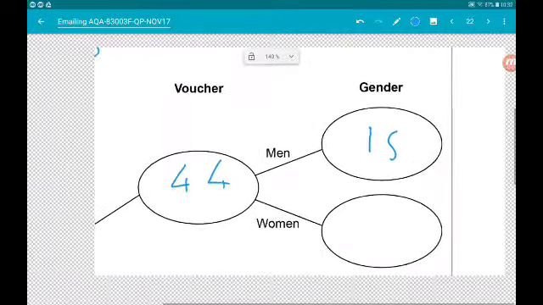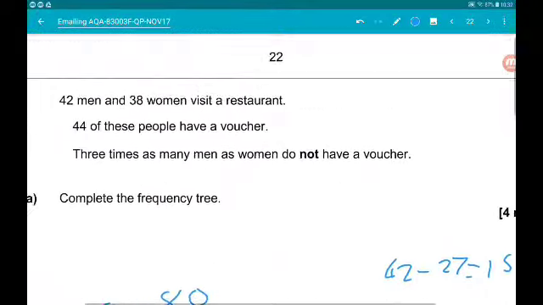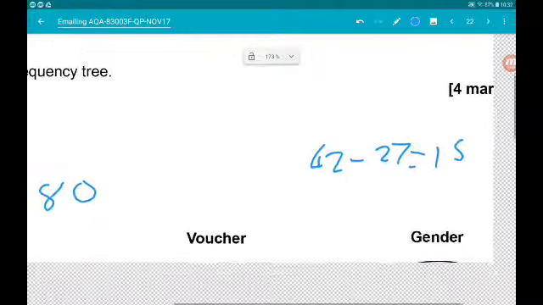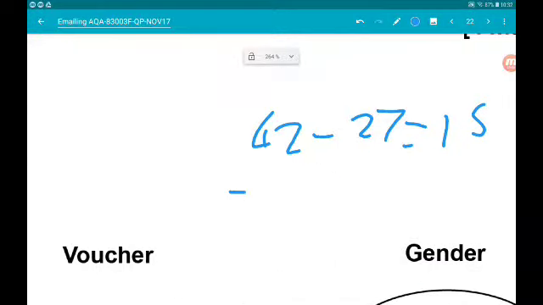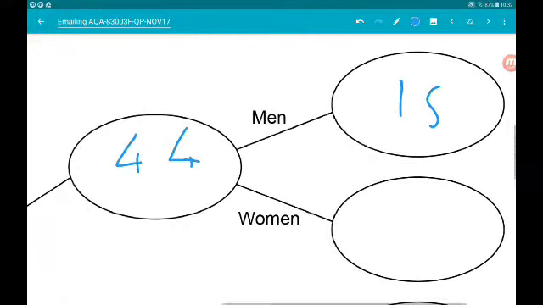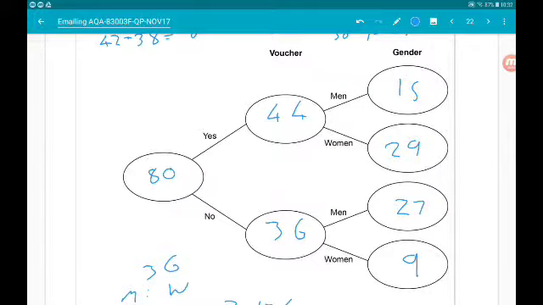And then for the women, we know that there were 9 down here, and there were 38 women altogether, so 38 minus 9 is 29, so 29 women go there. There is our frequency tree. Cool.